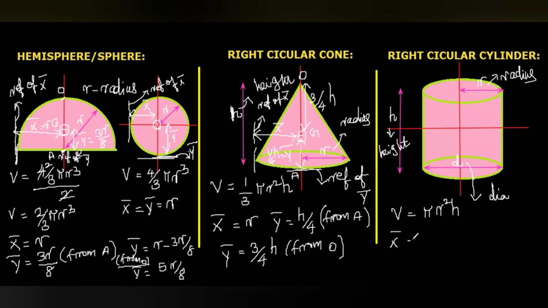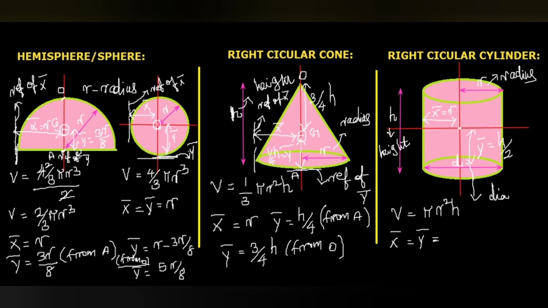Here x bar, y bar, this is symmetry about both the axes. This will be the reference axis for x bar calculation. So here x bar is also radius, and this one, y bar, is the vertical distance divided by 2. Vertical distance is h here. So h by 2.